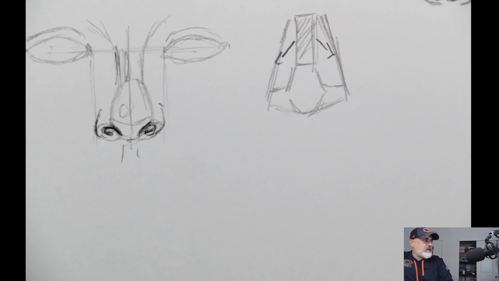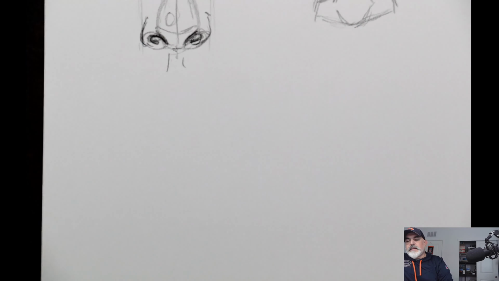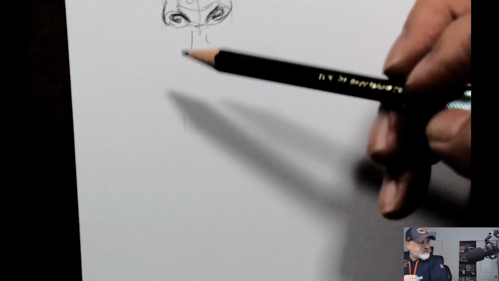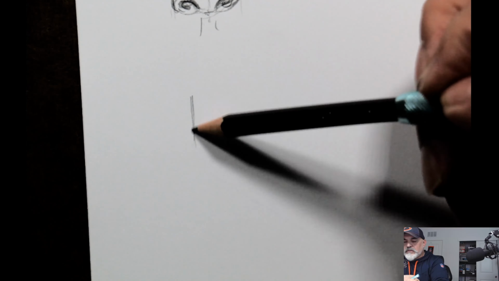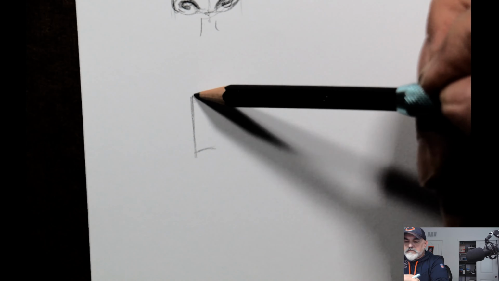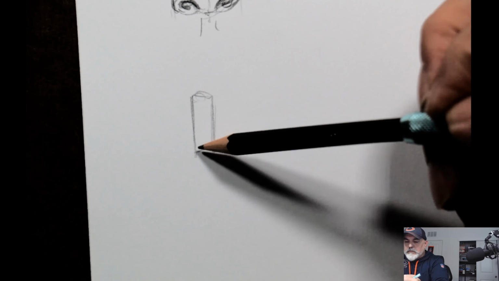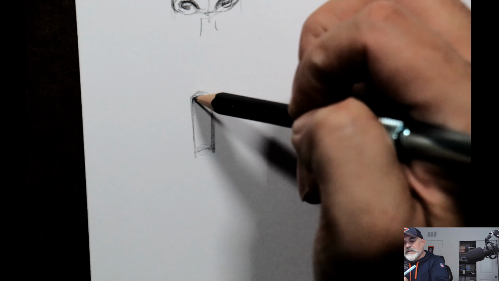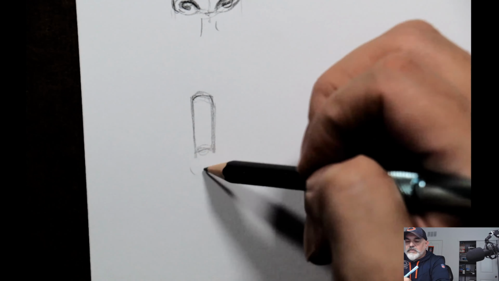So I'm going to deviate really fast from this, and I'm going to draw down here. I'm going to draw a real rectangle, or I suppose this would be a cylinder. I'm going to draw a ball.